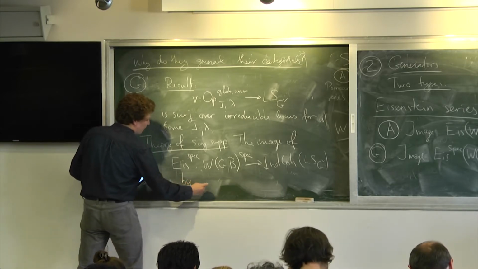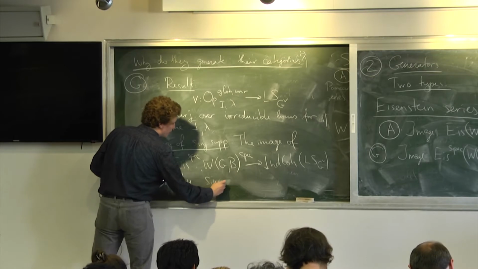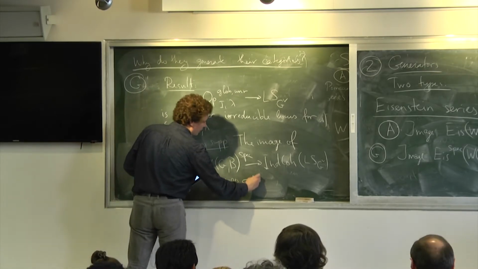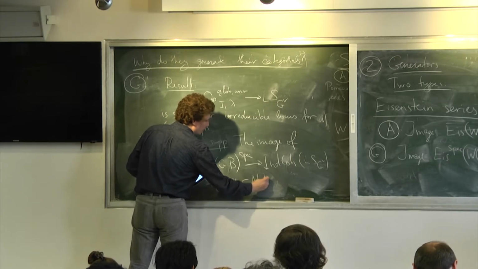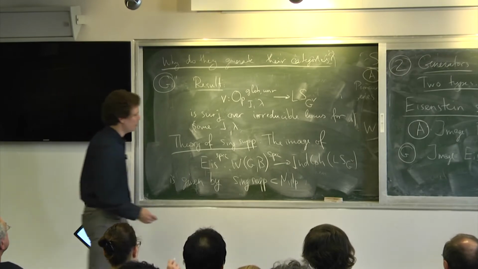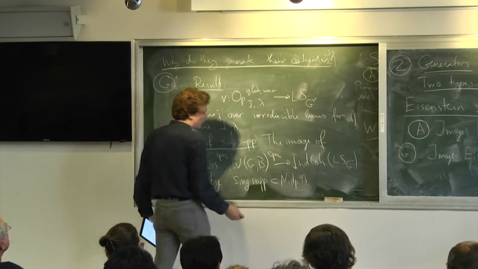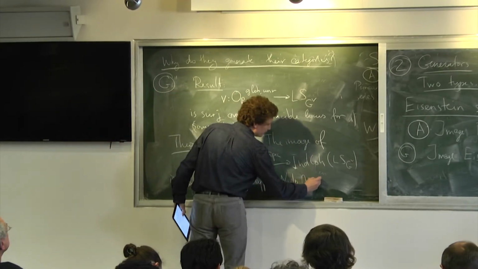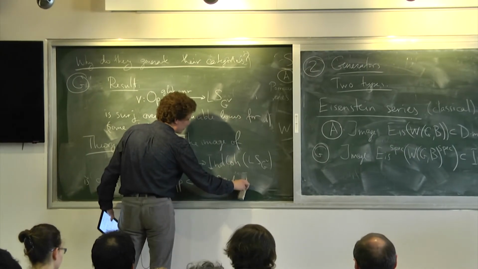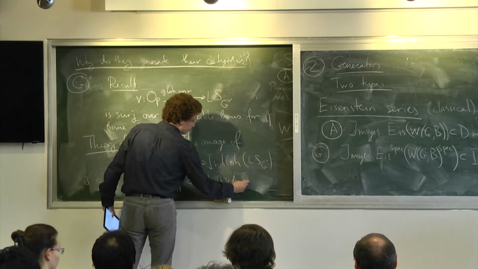It's given by the condition that the singular support is contained in the nilpotent cone, but only in the nilpotent cone over reducible local systems.